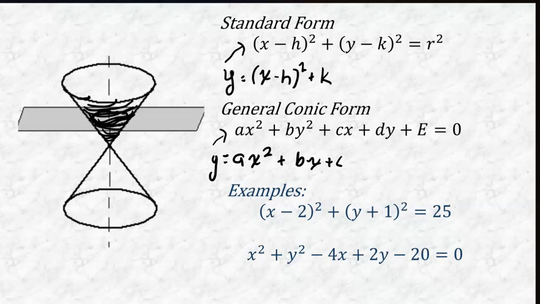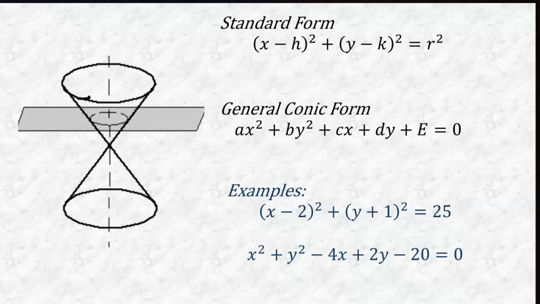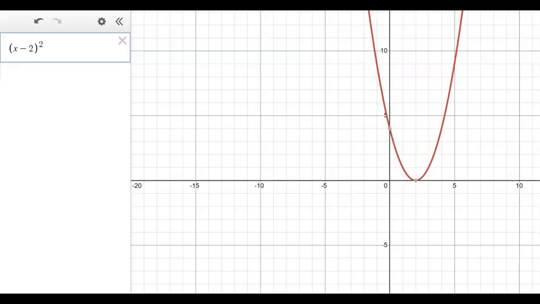Alright, let's take a look at one more thing. I created 2 examples here of standard form and general conic form, and let's just take a second and graph them. I typed the first part of the equation, and you can see that we started creating a parabola.